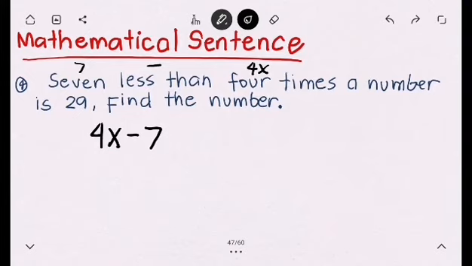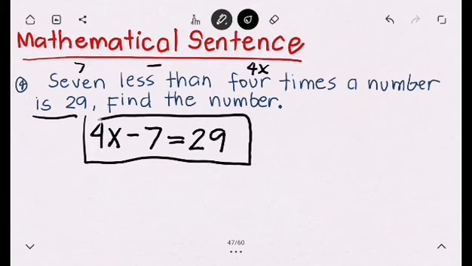That's the other way around. Ibig sabihin, that is 4x minus 7 and not 7 minus 4x. Okay, so tuloy natin is 29. Ibig sabihin, 4x minus 7 is equal to 29. Okay, so ito na ngayon yung ating equation.